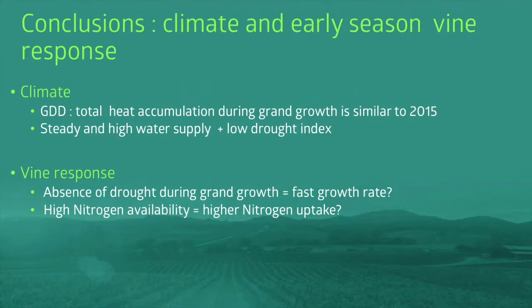So the fact that we have a low drought index threw us a little bit out of balance, because if we weren't having a low drought index, for sure we would have had the fastest growth rate. But with the low drought index, maybe light was a bit limiting or maybe temperature was a bit limiting, so we couldn't predict beforehand what was going to be observed in 2016. So therefore, two question marks.